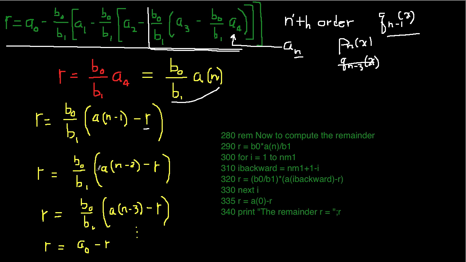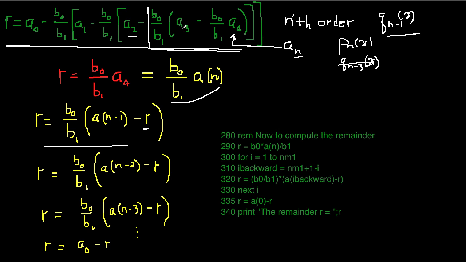Then my next estimate for r is exactly the same form. Here I take b0 divided by b1 times a n minus 2, that's what this is, a n minus 2, minus this whole term, which was the estimate for r that I just calculated right here.